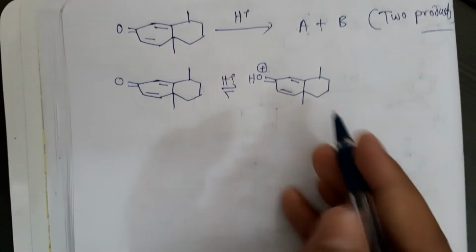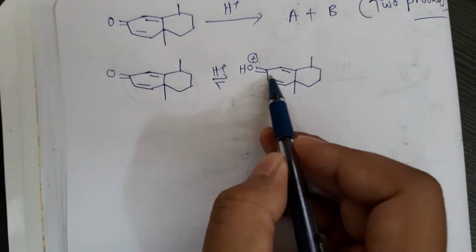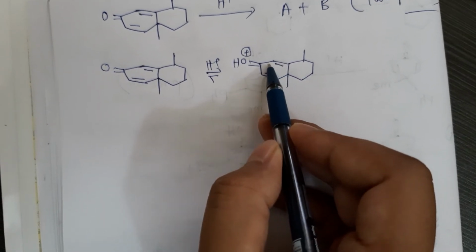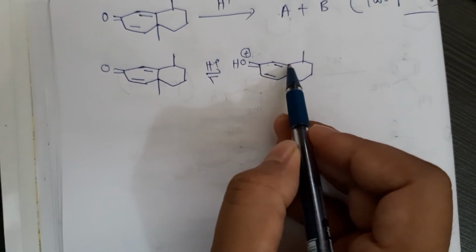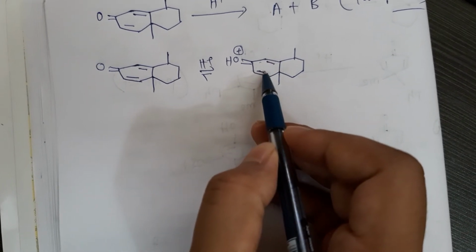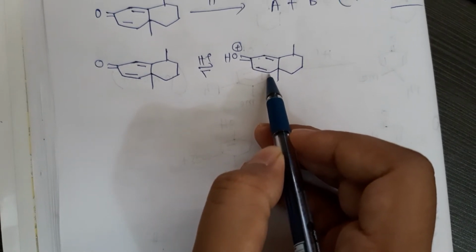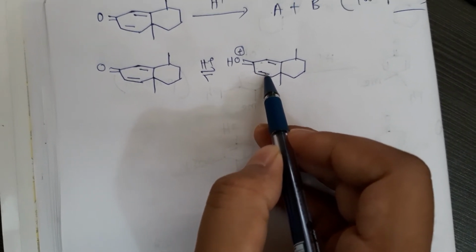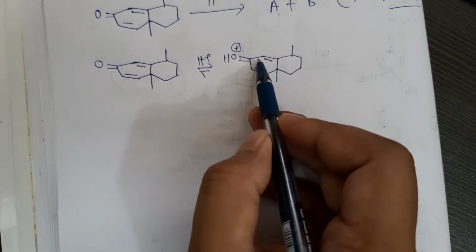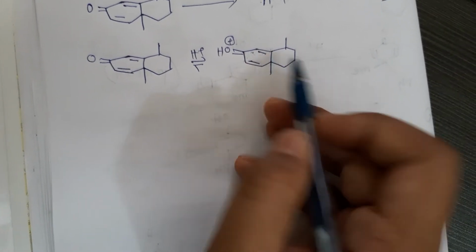Now see carefully. This double bond can come here, this double bond also can come here. But if this double bond migrates to that position, the carbocation which is formed is a 3 degree carbocation. But if this double bond migrates here, the carbocation which is formed is a 2 degree carbocation.